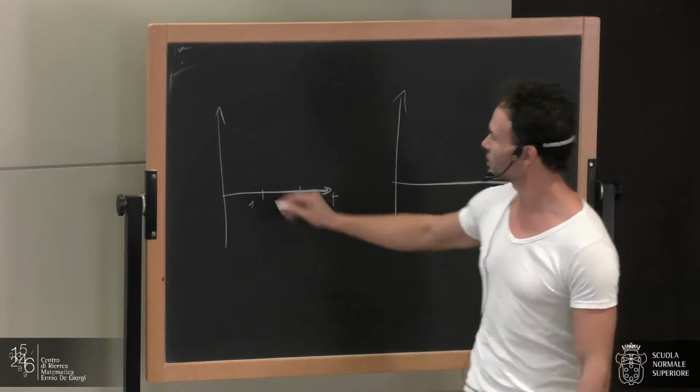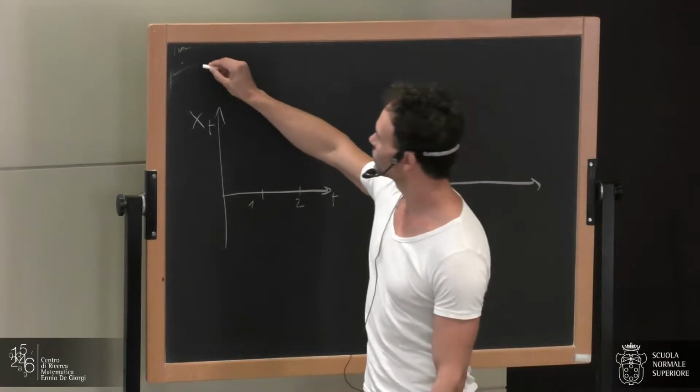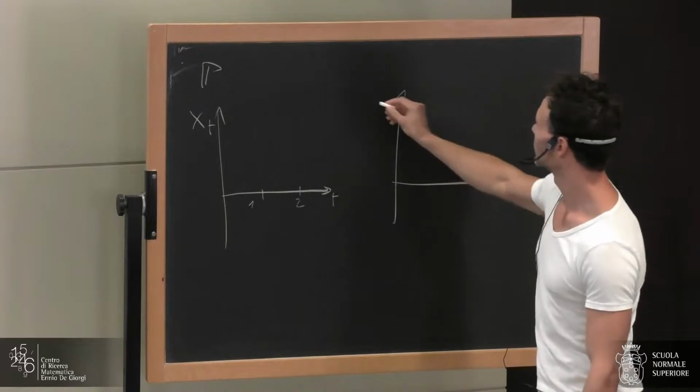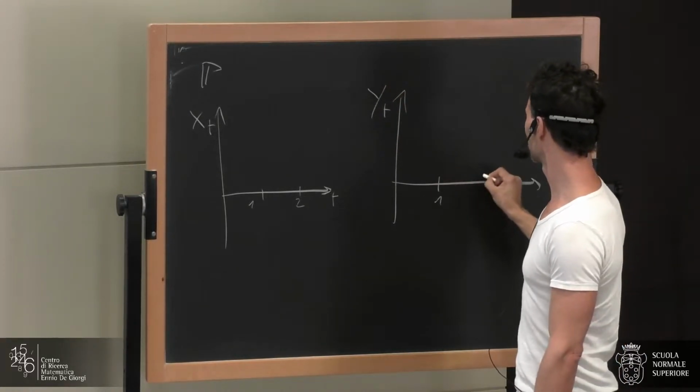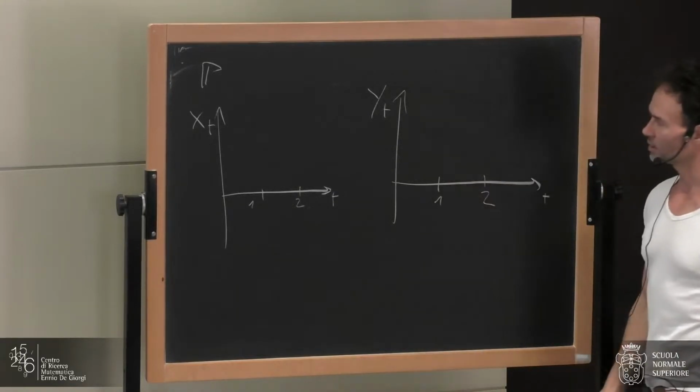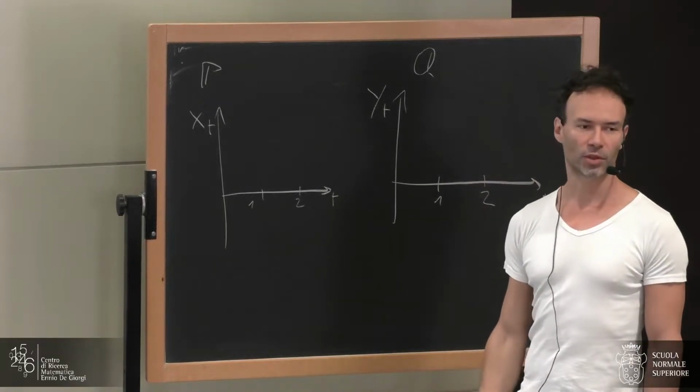So this is my time axis. Maybe this is my process xt, and it corresponds to a probability measure p. Then we have another process yt, which is also in finite discrete time, and which is represented by a probability measure q.